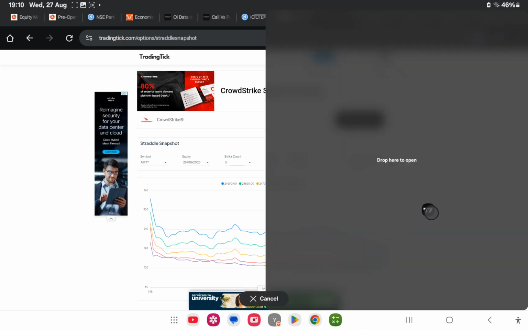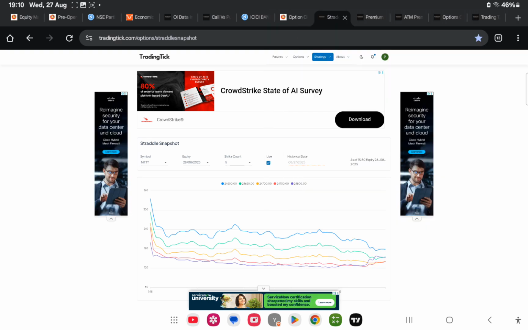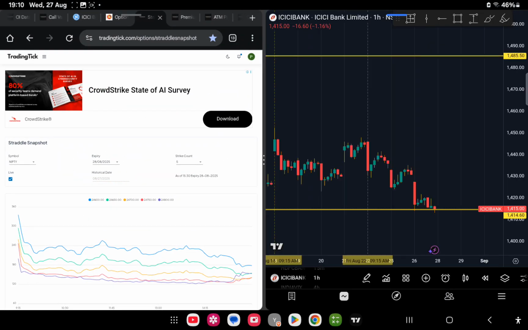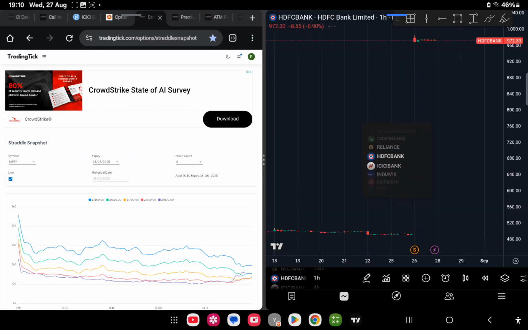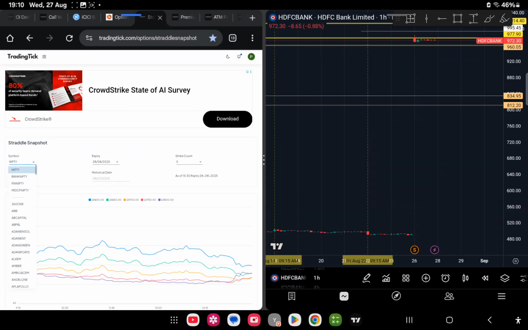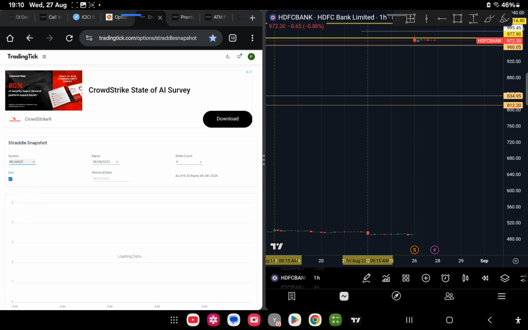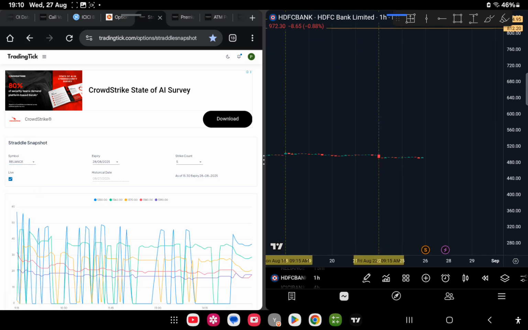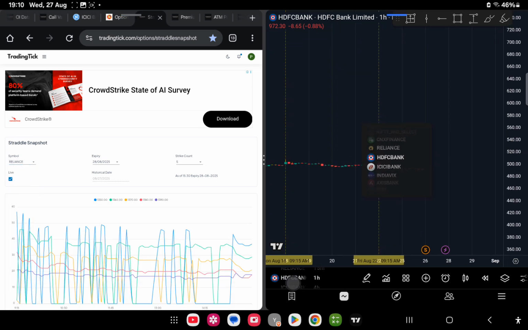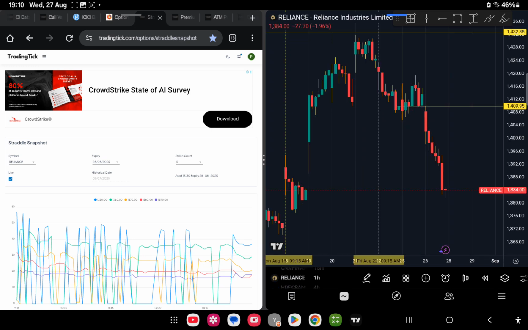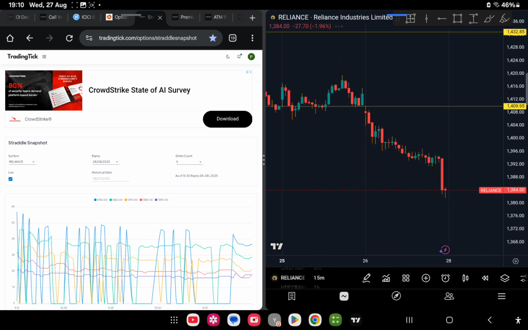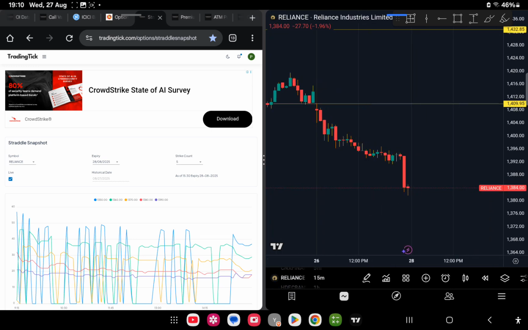So let's just do the small price action comparison here. Okay, so I'm going to take Reliance first. Let's take Reliance here. So this is Reliance, and when you check for open, so I'm taking 15 minutes time frame to get the idea of what happened.